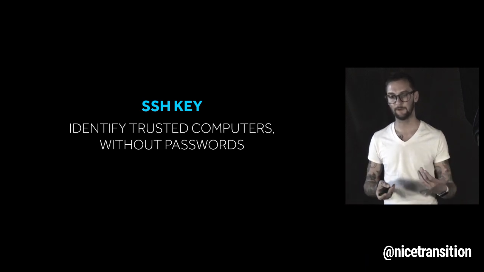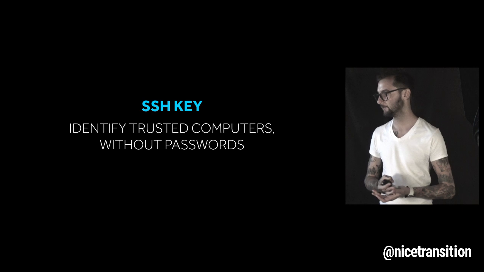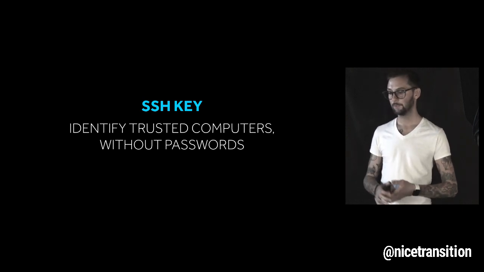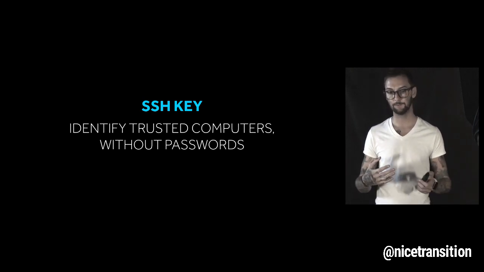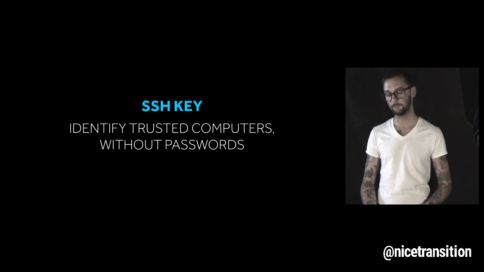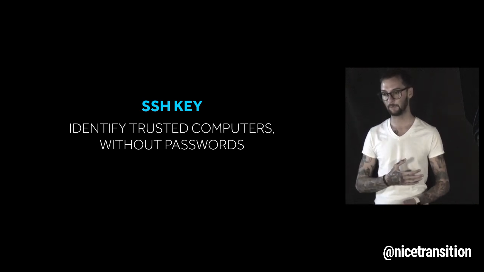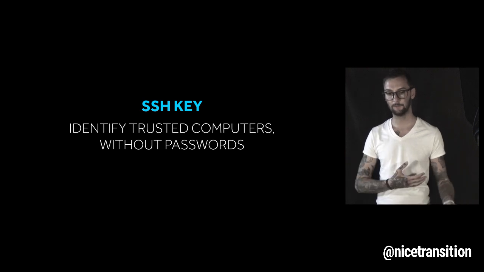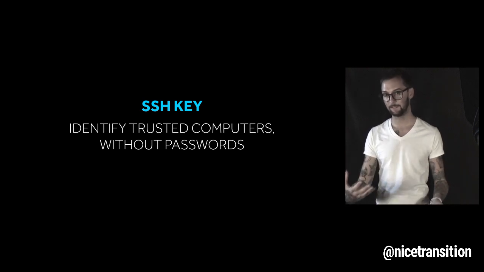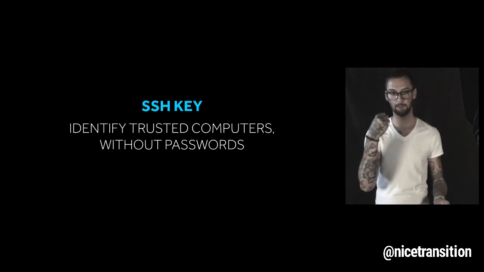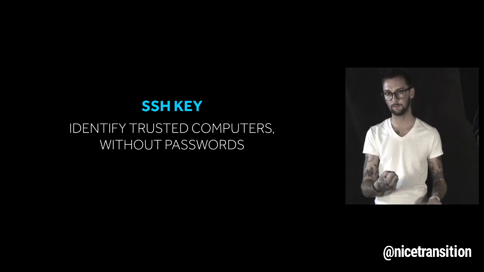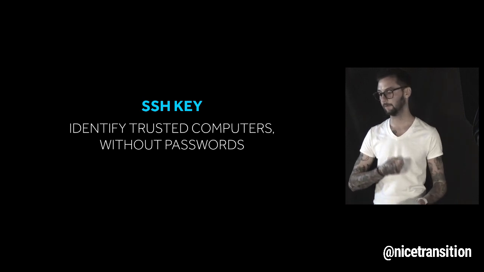It's just a way to identify that your computer's trusted, and you don't necessarily need to put in a password. How it works is you generate an SSH key on your machine. If you're using GitHub, Bitbucket, or whatever your repository hosting system is, you then add that key, so that hosting platform knows that this is your computer and this is your login. It's just an added layer of security.